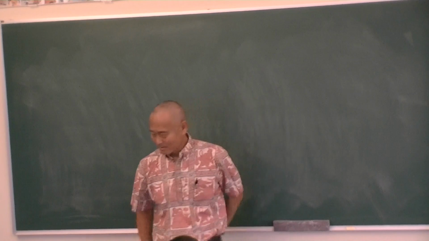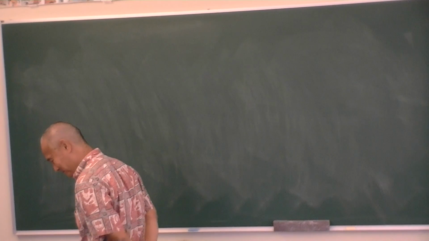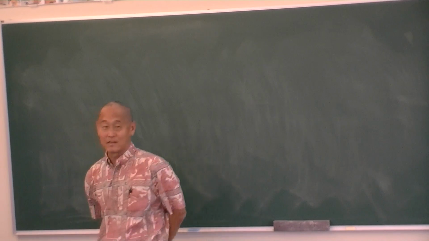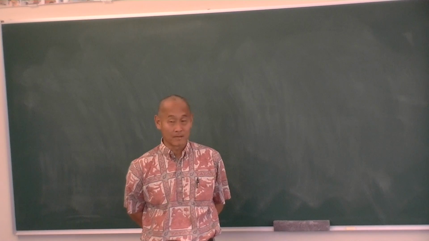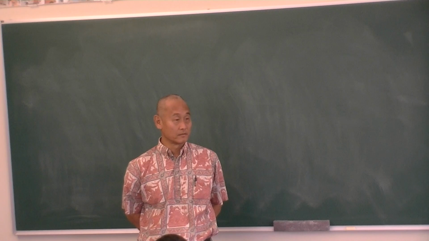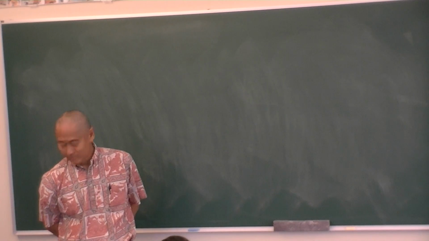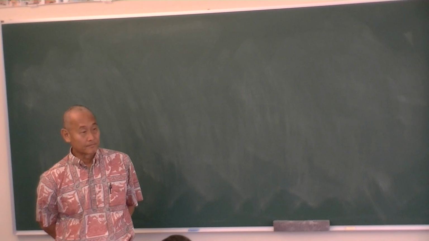Okay, I saw another problem on there that I think we should discuss. What about the Leibniz's theorem ones? Does everybody understand the Leibniz's theorem? I'm talking about problems 4 and 5. Do you understand it?